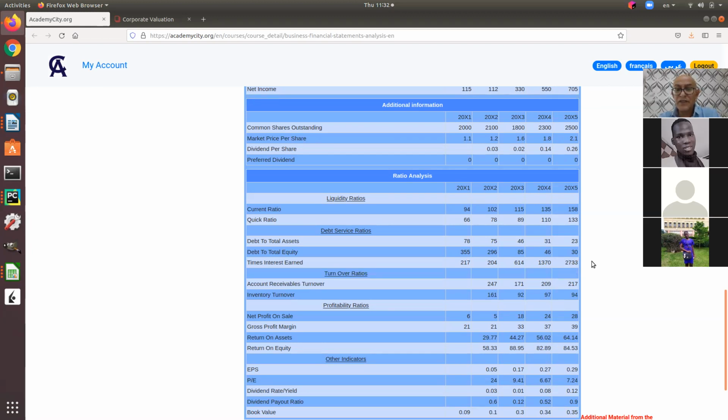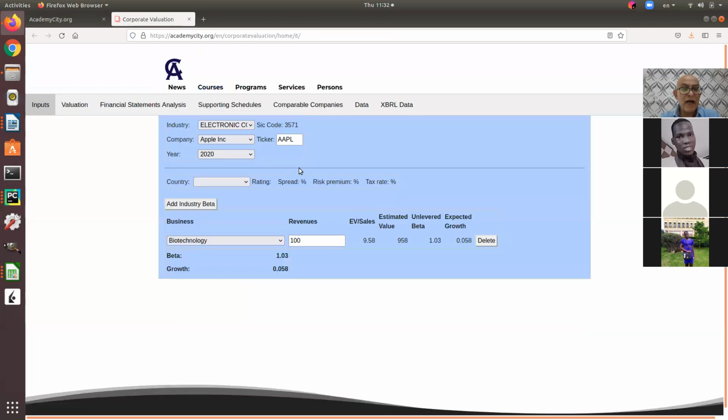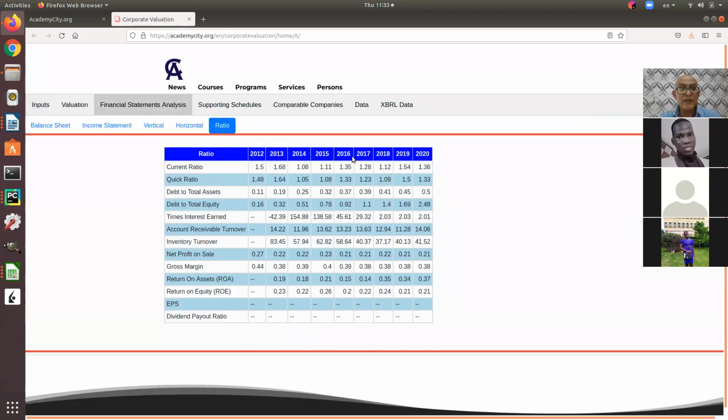But the question is, if it's not too secure, should we really take advantage of those benefits of financing the company by taking debt? And the answer, again, is to look at how common it is in the industry we are operating in. By the way, I mentioned last time, when we looked at Apple, that we are calculating all those ratios.